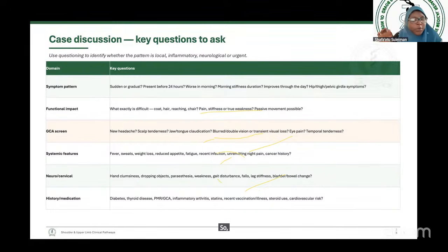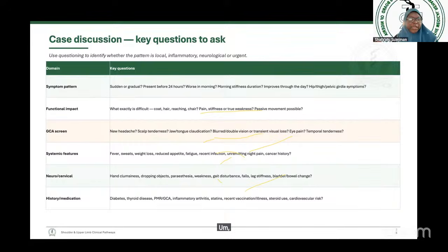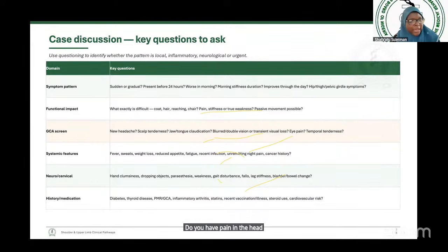You also screen, of course, because it's a sudden presentation. If you're thinking polymyalgia rheumatica in any patient, you definitely need to screen for giant cell arteritis, because the worst thing that can happen is the patient losing their vision. So definitely you will check: do you have headaches, scalp tenderness, jaw or tongue claudication?